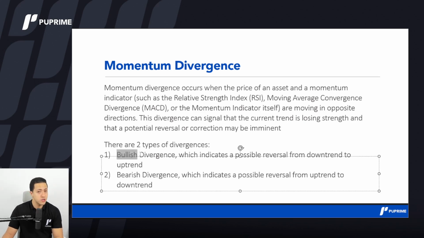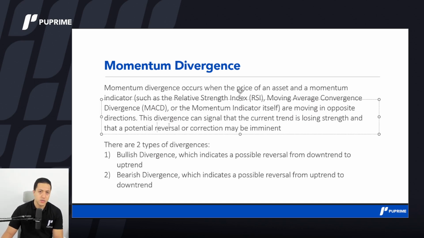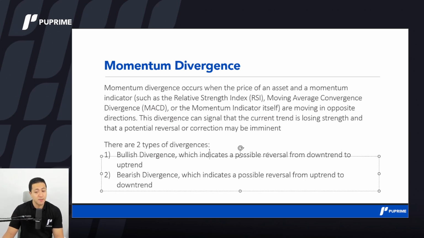There is a bullish divergence, and the word bullish means that prices will go higher. So it indicates a possible reversal from downtrend to uptrend. And the other way around, if you have a bearish divergence, prices will be moving from higher to lower, from uptrend to a downtrend.